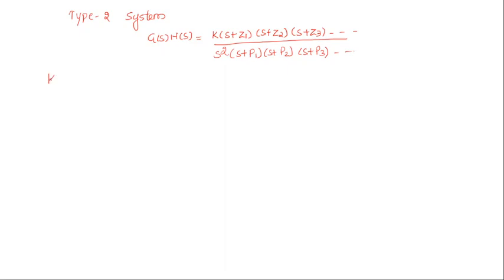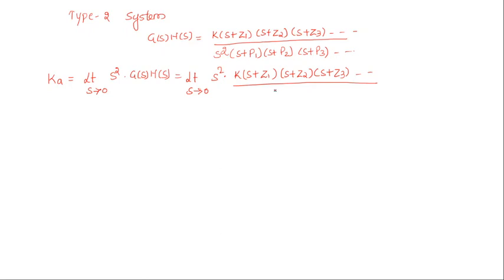So now you calculate the Ka value for the type 2 system. For Ka value, we have to substitute limit s tends to 0 of s square into G of s into H of s. That means limit s tends to 0 of s square into K into (s plus Z1)(s plus Z2)(s plus Z3) and so on, divided by s square into (s plus P1)(s plus P2)(s plus P3) and so on.